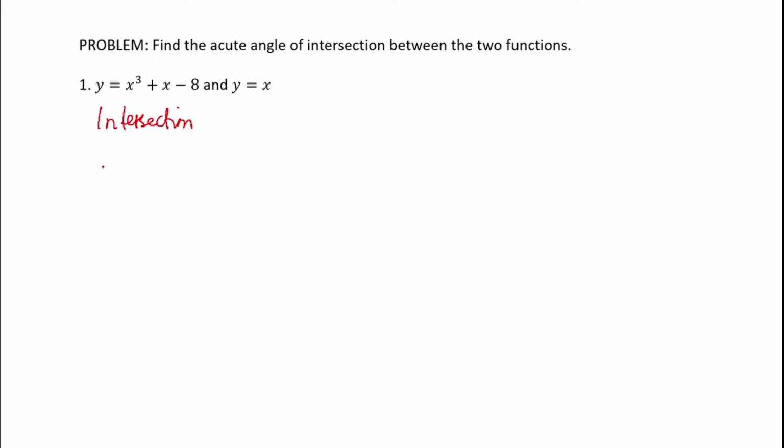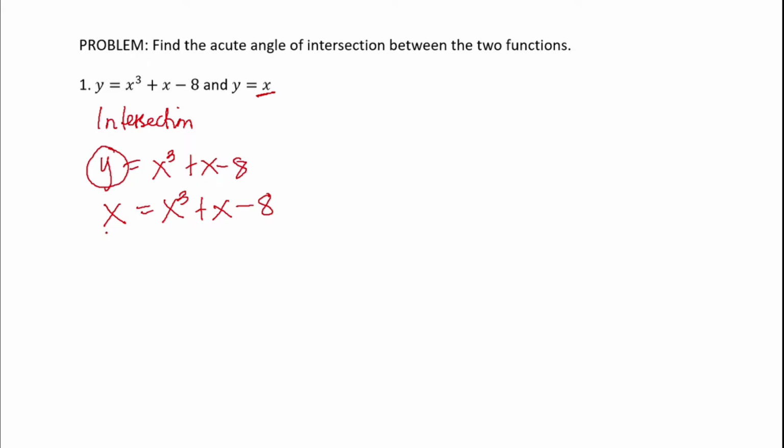We have y is equal to x cubed plus x minus 8, and y is equal to x. We could simply substitute: x is equal to x cubed plus x minus 8, since the value of y becomes x.